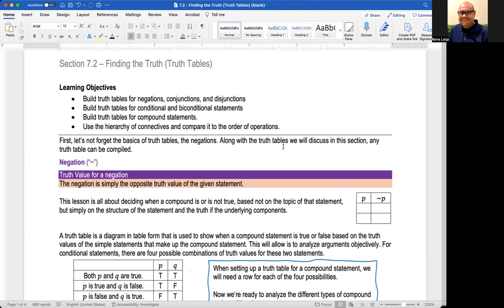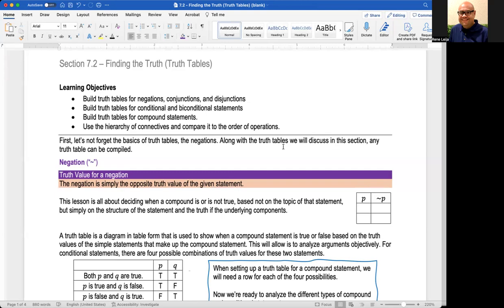Then we're going to build tables for compound statements, and use the hierarchy of connectives and compare it to the order of operations. Once we cover this section, we will be able to find the truth value for any type of situation. Okay, so first let's talk about the negation.